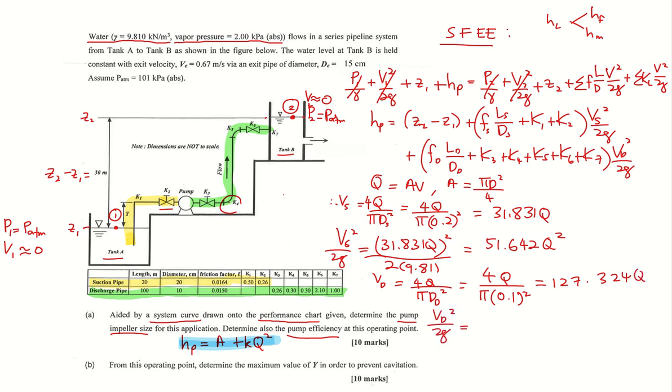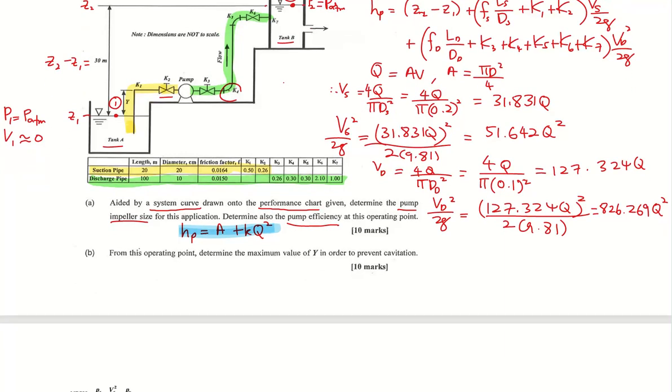So you just square everything. You divide with 2G. So you should get this, 826.269 Q squared.